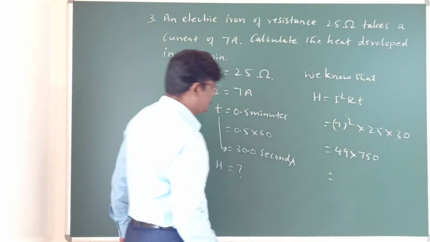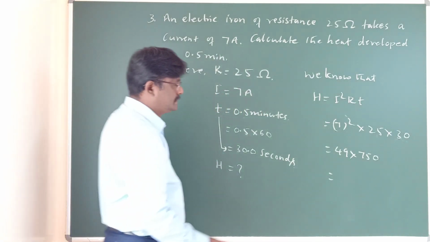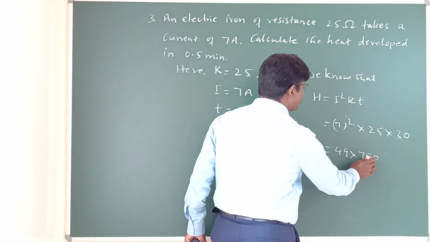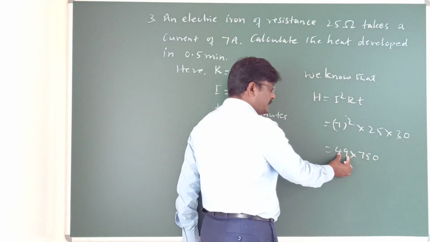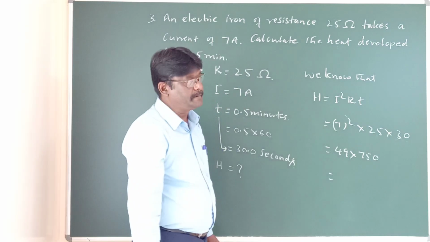Now let us take this into the rough work and multiply. Okay children, look now. 49 into 750.